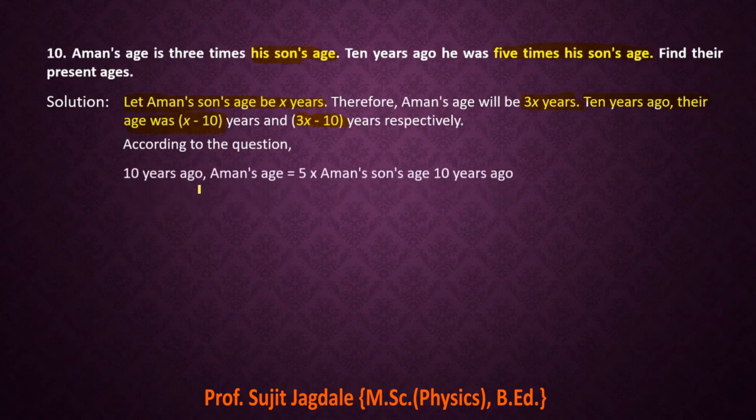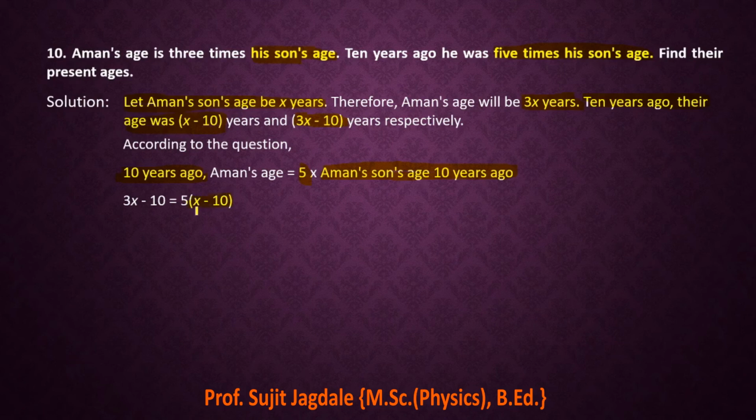Now 10 years ago, we have to move back 10 years. Aman's age is actually 5 times Aman's son's age 10 years ago. That should be the condition. So therefore Aman's age 10 years before is 3x minus 10, which is equal to 5 into, again, Aman's son's age before 10 years, that is x minus 10.